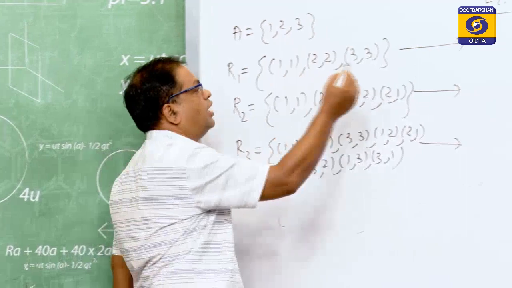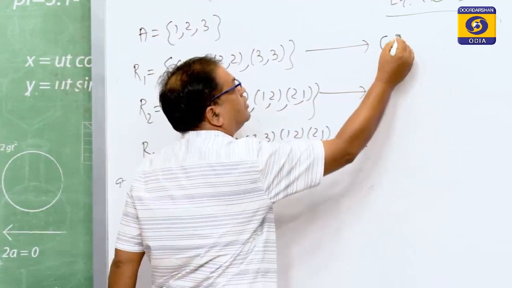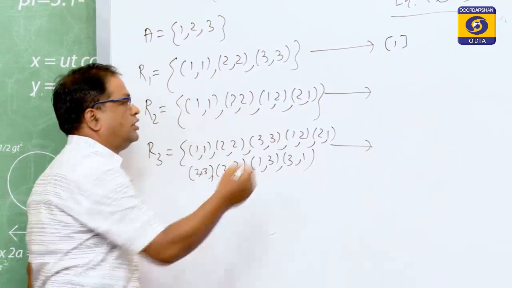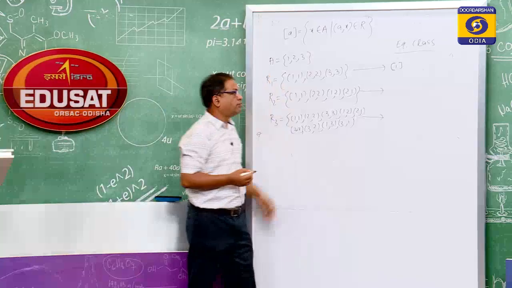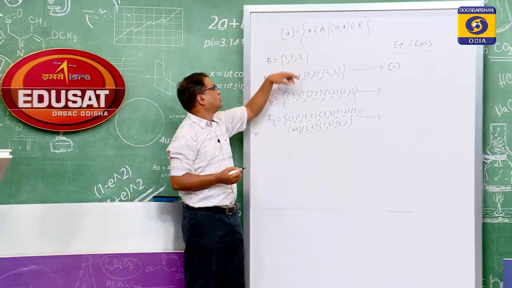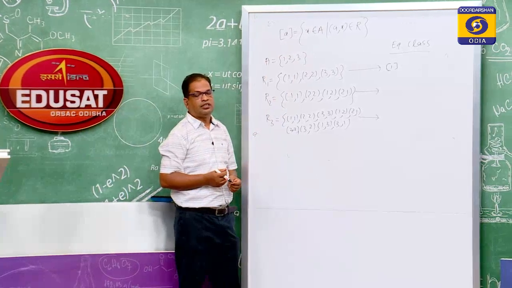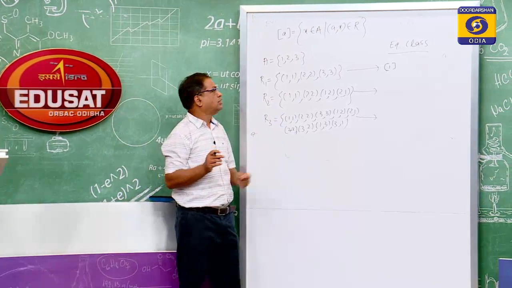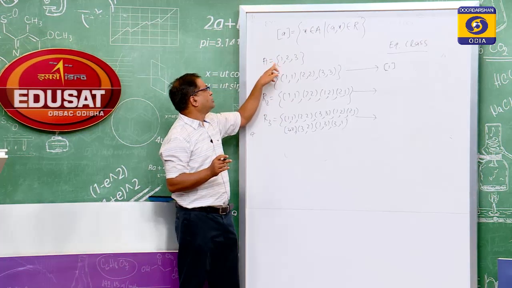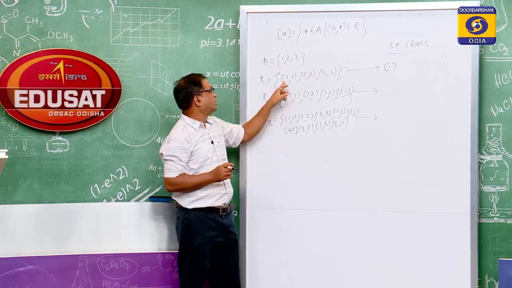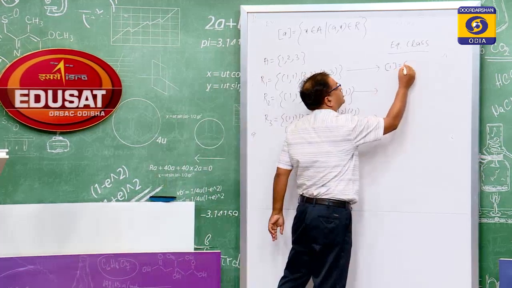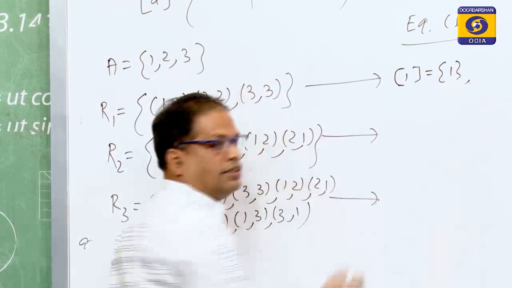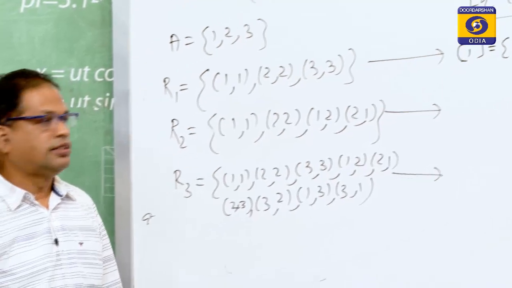So, we find the equivalence class of 1 first. It is denoted in square brackets in this notation. What is the equivalence class of 1? It is the set of elements of set A which are related to 1 by the relation R. Here 1 is related to 1. So, the equivalence class of 1 is the singleton set {1}.